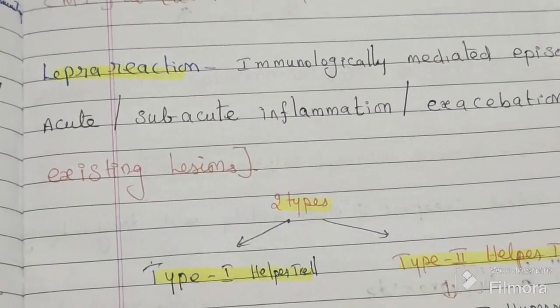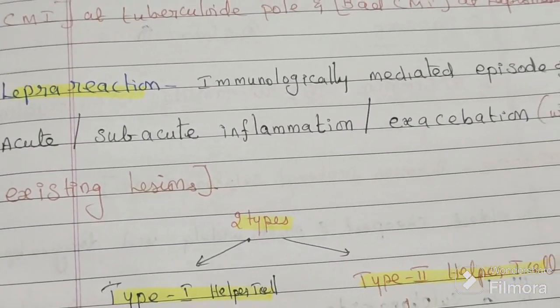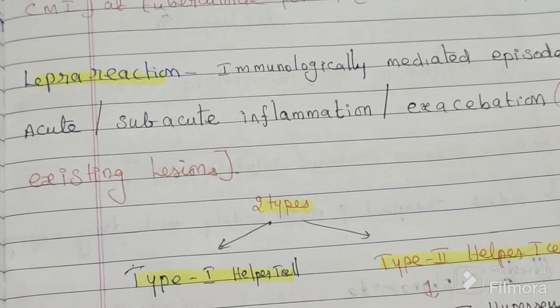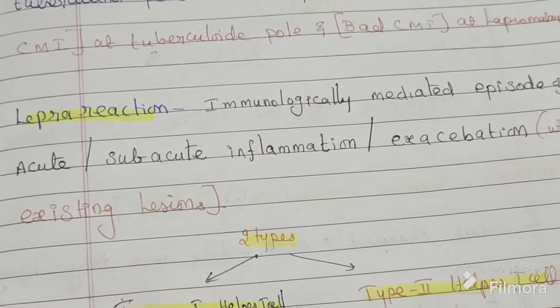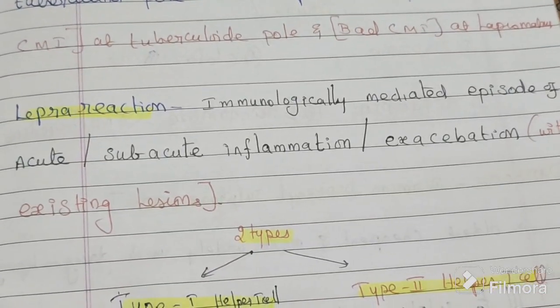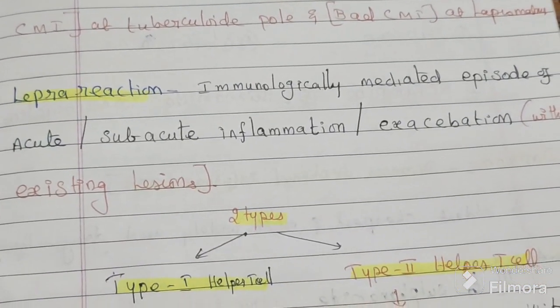Now we want to discuss lepra reaction. There are two types of lepra reaction, type 1 and type 2. Lepra reactions are immunologically mediated episodes of acute or subacute inflammation.